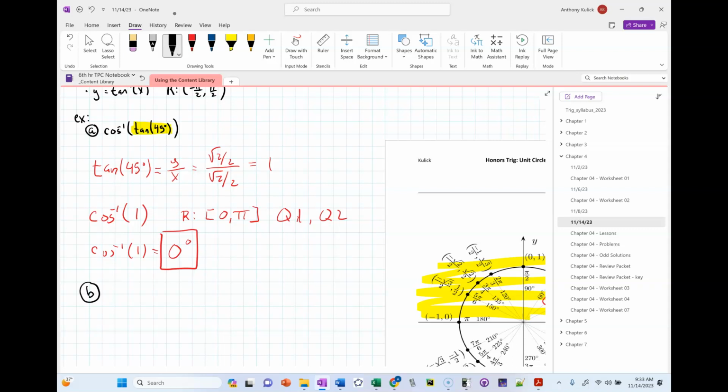Let's do another example. Oh, we didn't mention this yet. Have we talked about what arctan or arc cosine or arc sine means? Guess what it means? The same as inverse. So this is just the same thing as tan inverse.